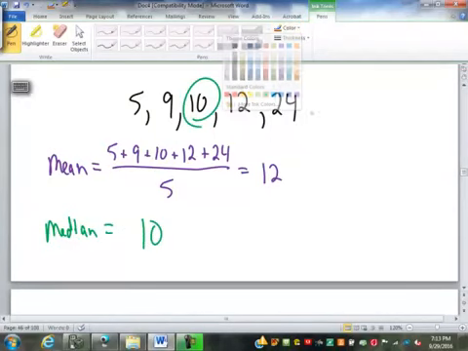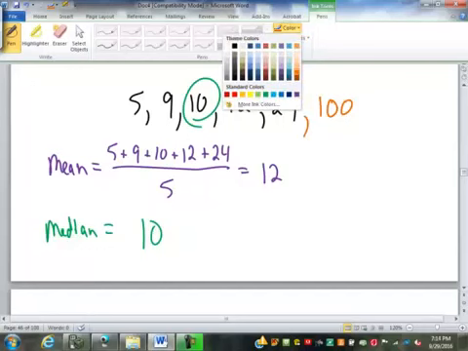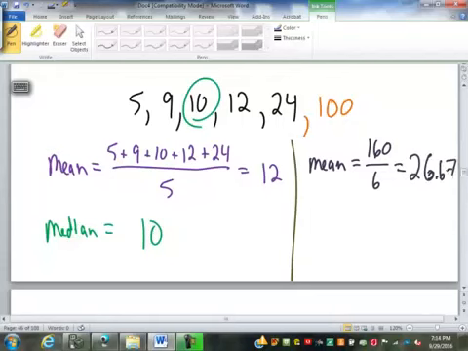Now I'm going to add a number to this. And the number I'm going to add on the end of this is just 100. My mean is going to change. The total is now 160 over 6, which is going to be 26.67 is now my mean.